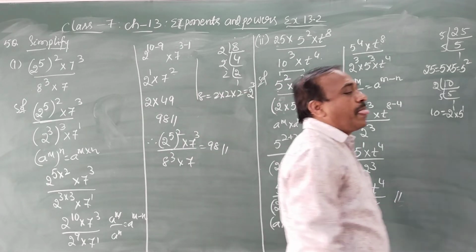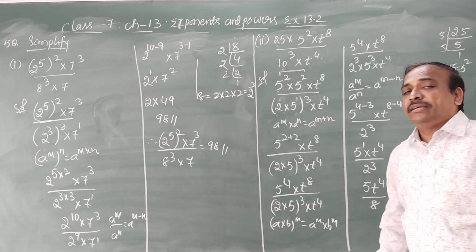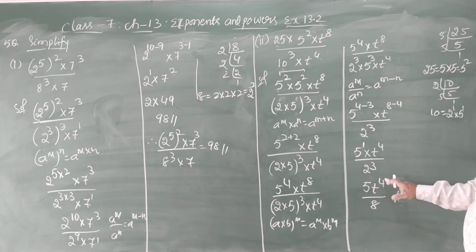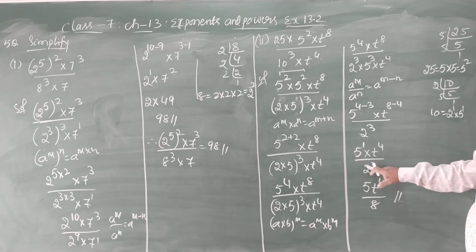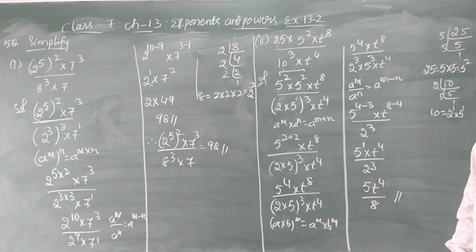So 5 t to the power 4 by 8 is the final answer. Like this we simplify the given expression. t to the power 4 is the exponential form, and you cannot simplify it further; you can only write t into t into t. And 2 to the power 3 we can write as 2 into 2 into 2, that is 8. So like this we use the laws of exponents. Is it clear?